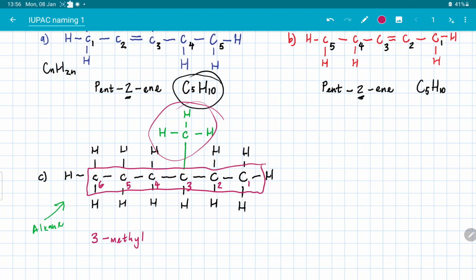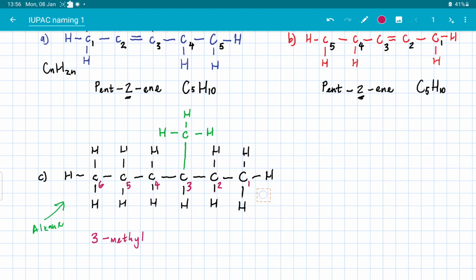You do not count the carbon of the alkyl group, because it is a branch on a side chain. You count the main continuous chain. It is like an addition to the main continuous chain, so we do not count it as part of it.